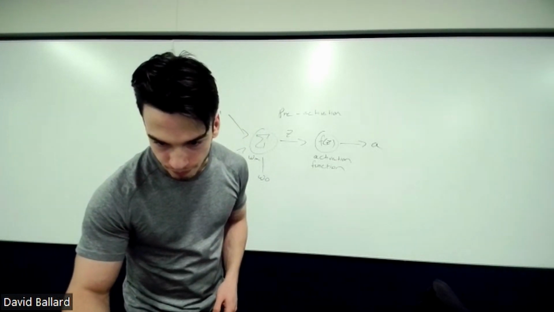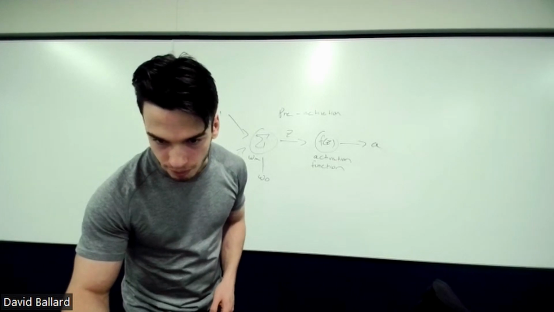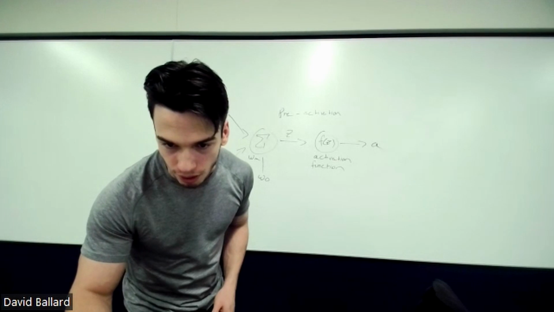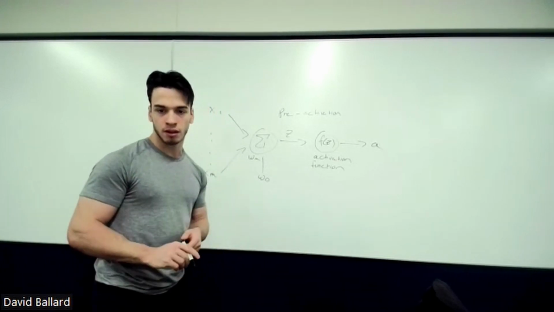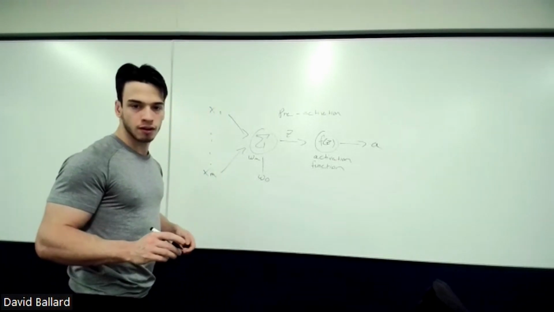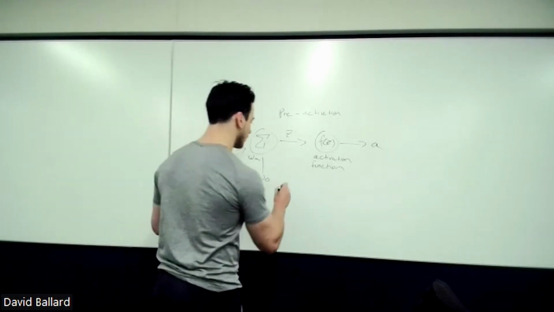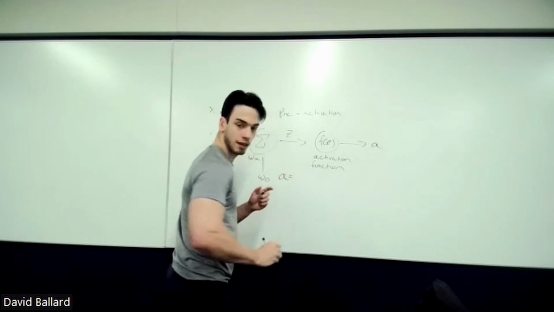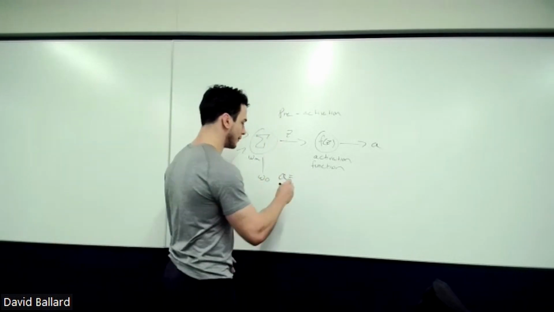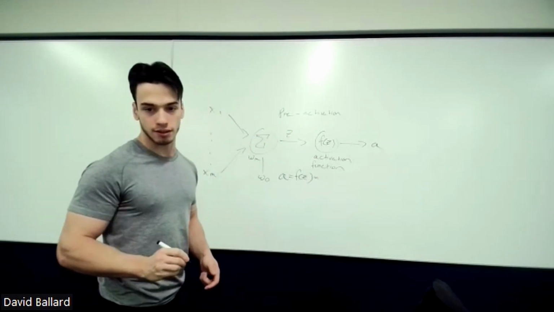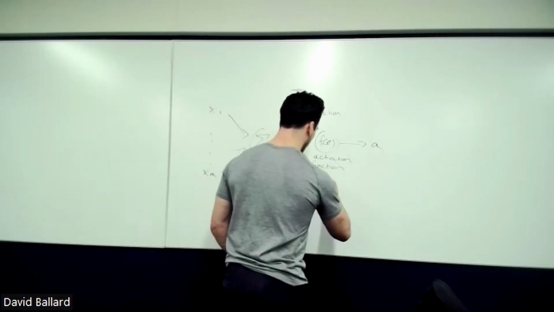So quickly, let me just go over what our activation looks like. Our activation A is equal to f of z. That's obvious from the diagram. What is z?